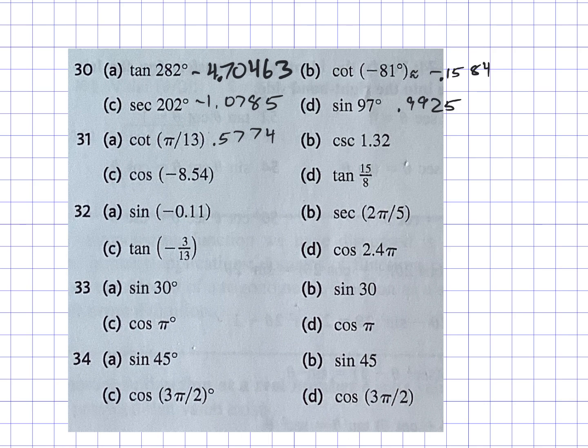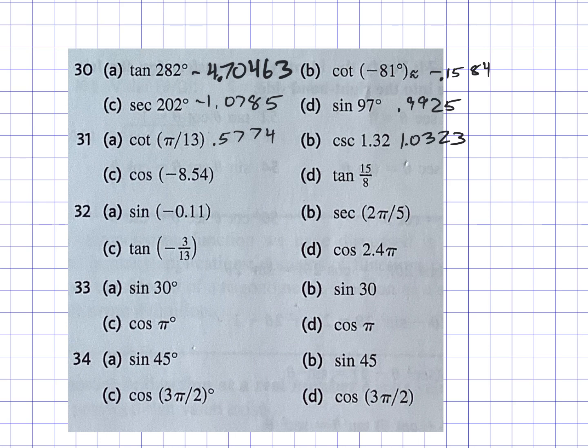Cosecant is the same as the sine, 1 over the sine. So first do the sine of 1.32, it's radians, so again, sine of 1.32, and 1 divided by that answer gives you the reciprocal. So 1.0323. And cosine, here's an easy one.